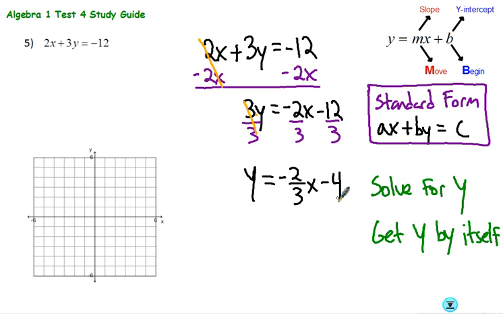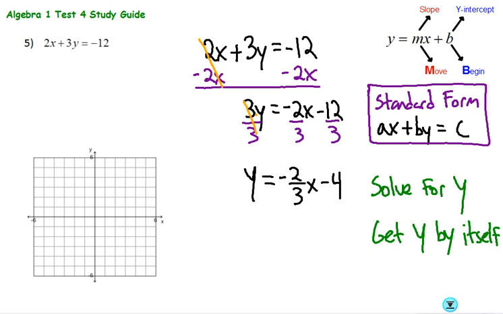Now, I told you earlier that what's nice about graphing is there's no work. You just look at it and make the picture. So here's the one exception, which is that when they give it to you in standard form, you have to take it from x and y being on the same side to x and y being on different sides. But once you get it there, now you can graph it and you're home free.